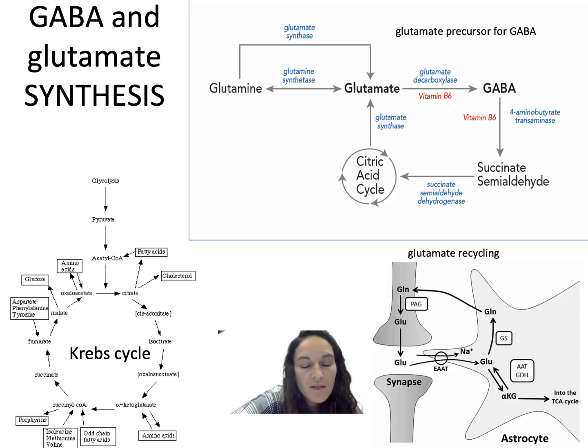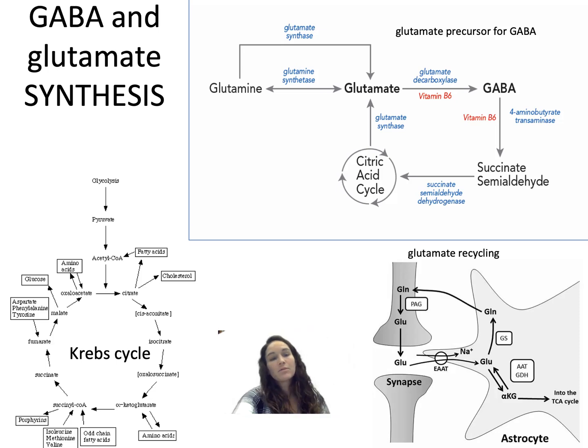But if the cell additionally has glutamate decarboxylase, then we're going to expect that cell to be releasing GABA because it's going to be converting that glutamate to GABA. And so we can also notice that GABA can be converted a couple other times through enzymatic tweaks, in which case it can re-enter the Krebs cycle and be recycled back into glutamate as well.